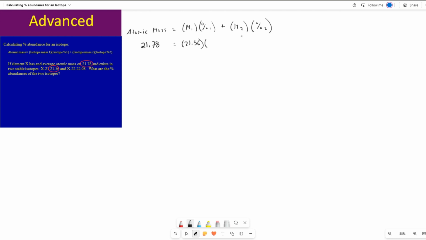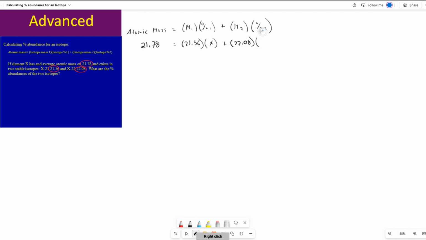Now we don't know the percentage, that's what we're being asked to find, so we're going to make that x. Plus the mass of the second isotope, we're given that as well. The mass of the second isotope is 22.08.